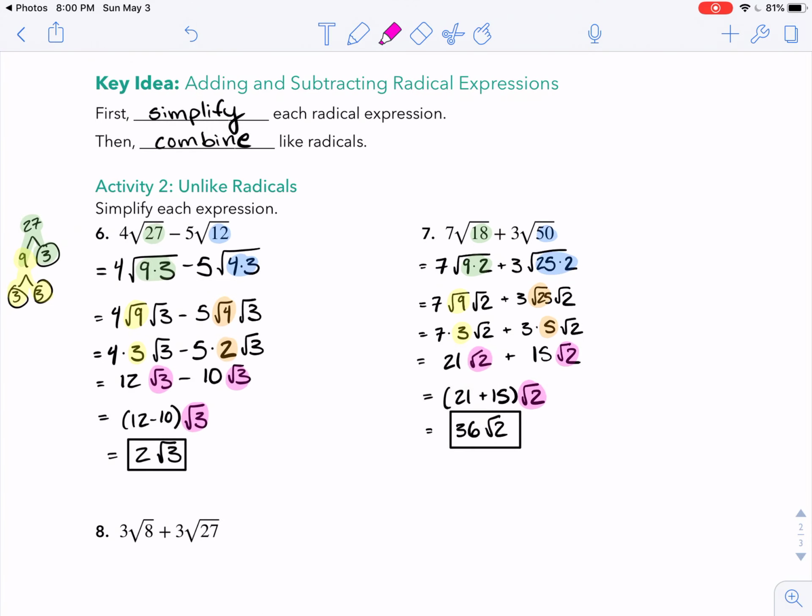Because here we were left with one term. They had the same radical. Here we're also left with one term. We have one radical expression, one radicand here, because these were like radicals. Spoiler alert, we're not going to have like radicals here, so I'm going to show you what to do.